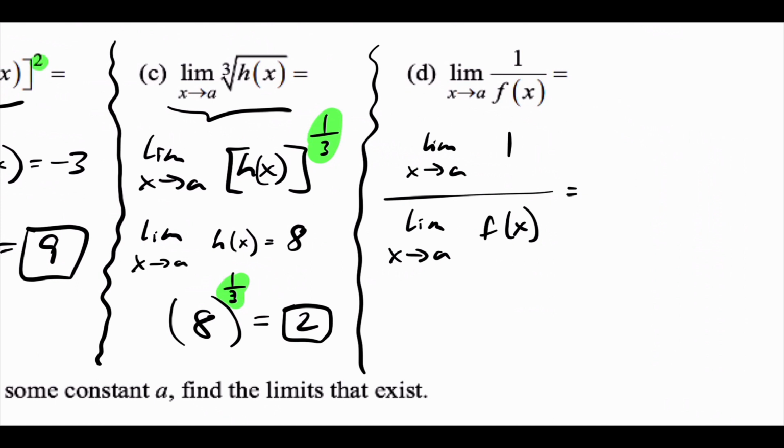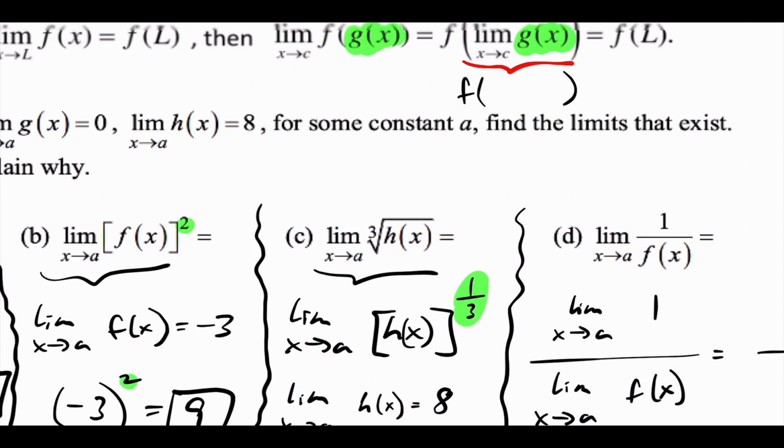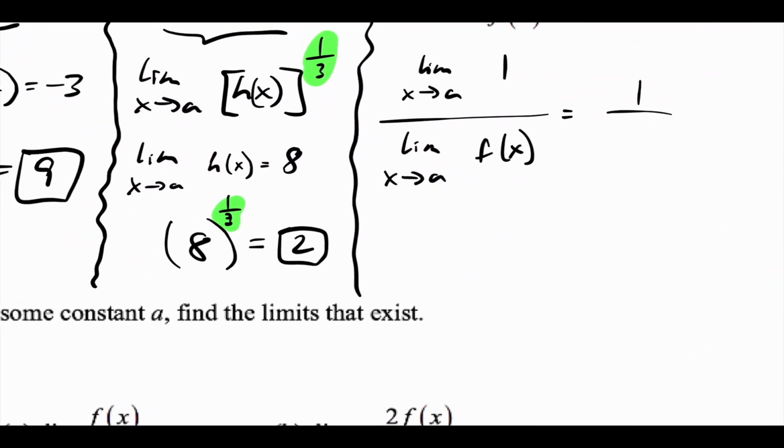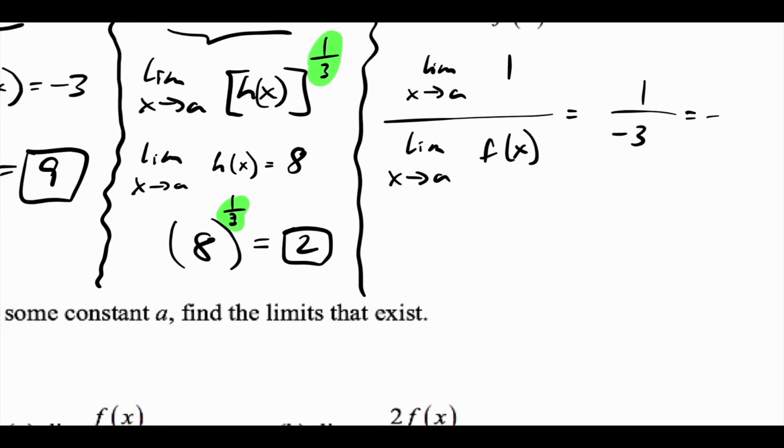So what is the limit as x approaches a for 1? It's a constant, so it's just that number 1, right? And what is the limit as x approaches a for f of x? -3, which equals -1/3.